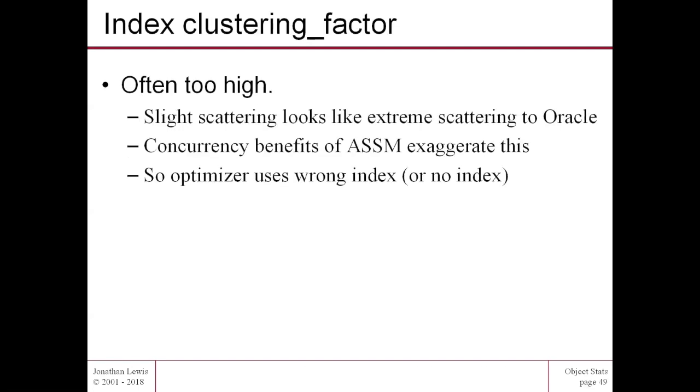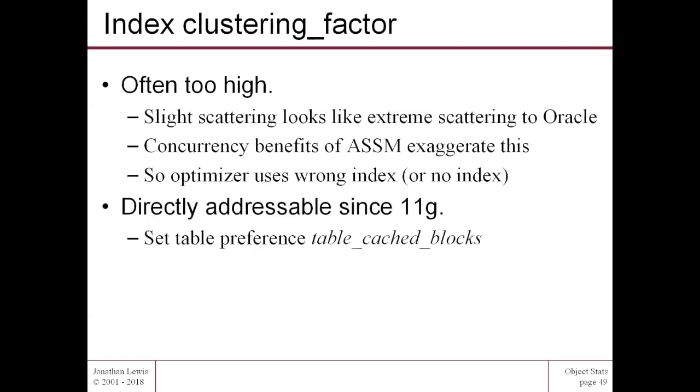Clustering factors. Another problem with indexes. The clustering factor is often too big, which makes Oracle think the index is not very good. You can work around that in Oracle 12 because Oracle lets you correct this automatically. Oh, actually, Oracle 11 lets you correct it by setting a table cached blocks preference, right?